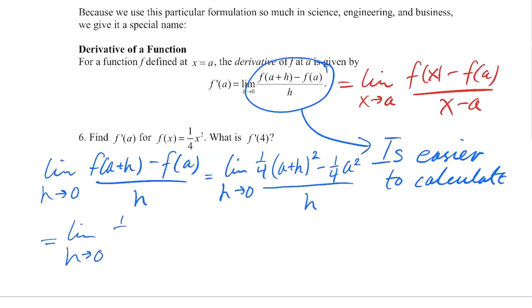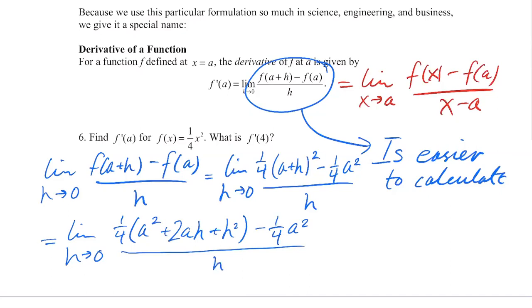And let's expand up top. 1/4 times a squared plus 2ah plus h squared, minus 1/4 a squared, all over h.